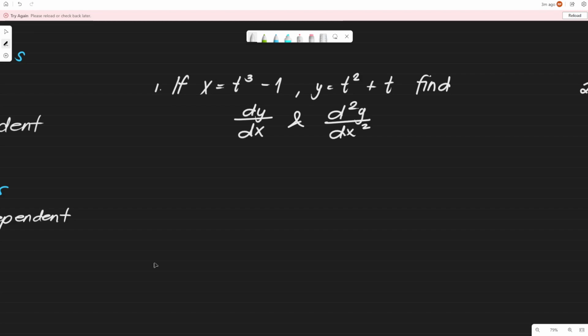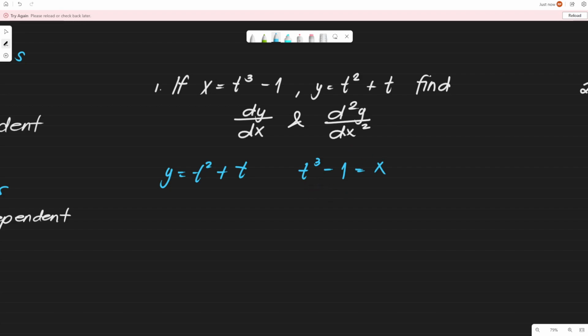Of course, we cannot differentiate y, which is t squared plus t, like in algebra. The approach of algebra parametric differs from calculus parametric, so we cannot say that t cubed minus 1 is equal to x and then manipulate it, and so on.